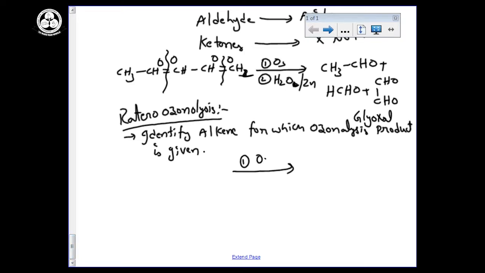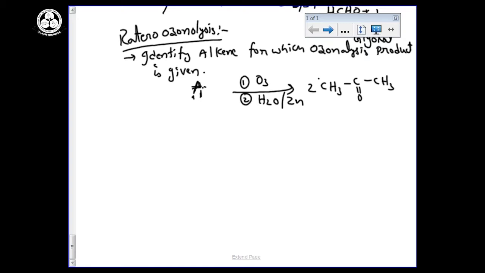Ozonolysis product I am giving. For example, I am saying simply 2 moles of acetone I am giving, otherwise 2 moles of aldehyde I am giving. You can take any one, CH3, C double bond O, CH3. I am asking there is a compound A. On which compound ozonolysis can give the answer?